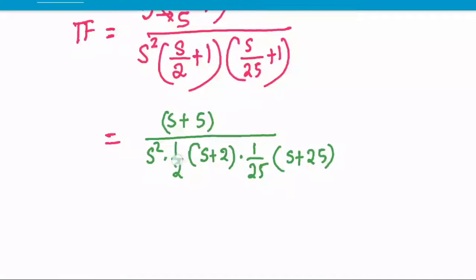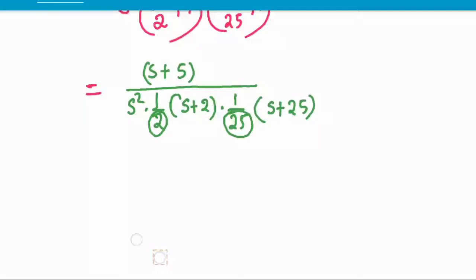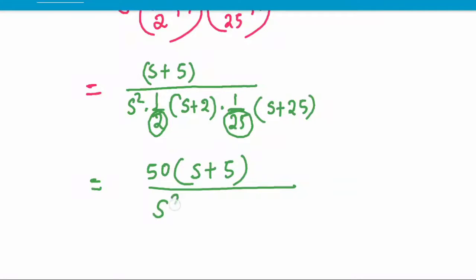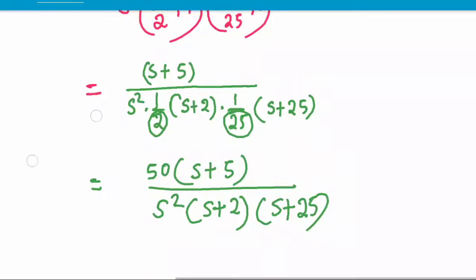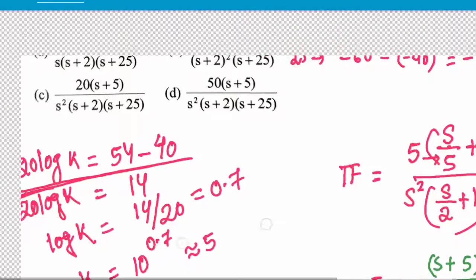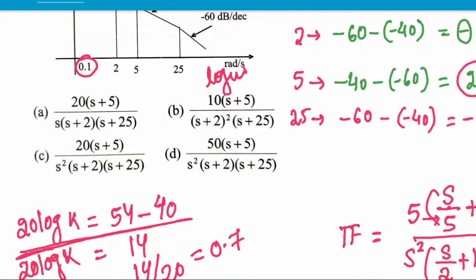So 2 into 25, that is 50, goes to the numerator. This is the procedure to find the transfer function when the Bode magnitude plot is given. The answer is 50 into s plus 5 by s squared into s plus 2 into s plus 25. So this is today's question, and thank you for watching.